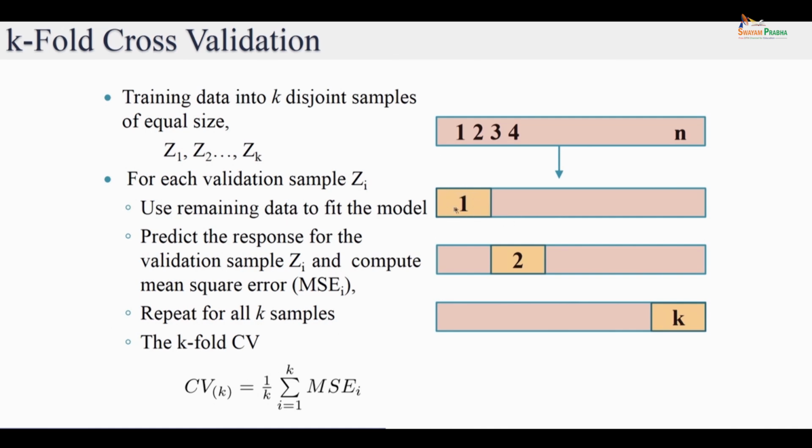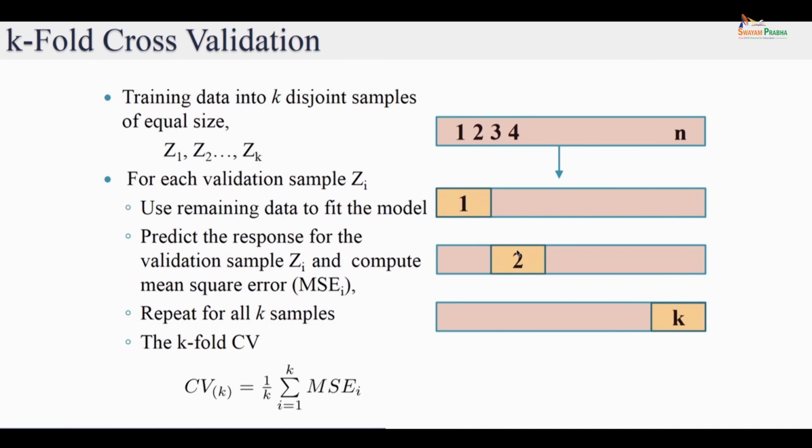So for example, in this first case we will leave the first 4 samples belonging to group 1 and use the remaining samples and build a model for whatever choice of the parameters we have used. Let us say we are building a linear model, we will use the remaining groups, build the linear model, and then predict for the set of samples in group 1 that was left out and compute the MSE for this group.